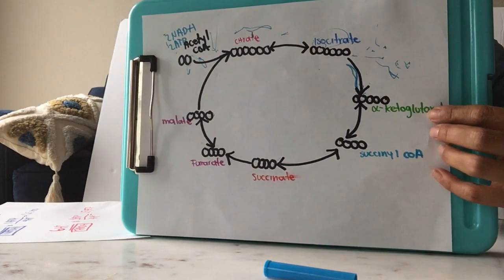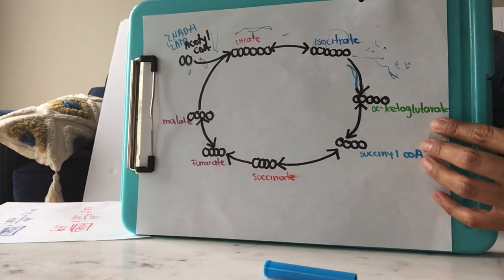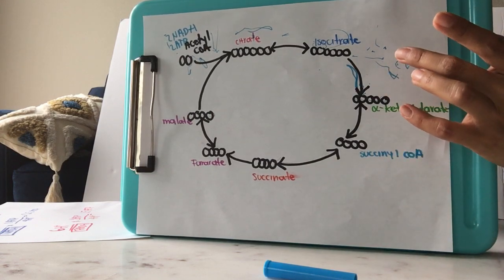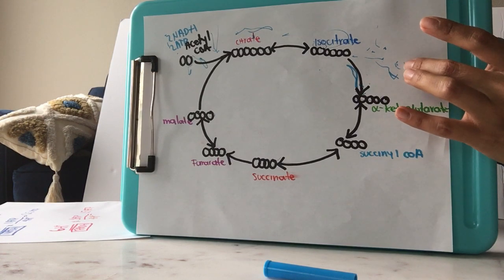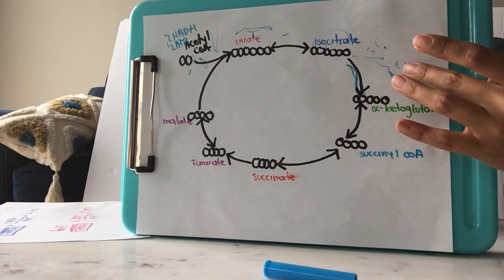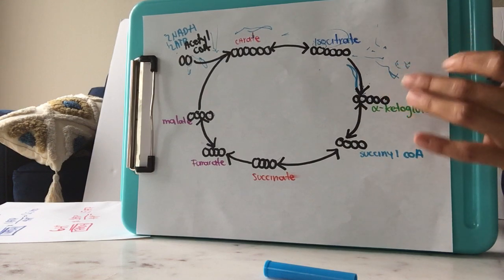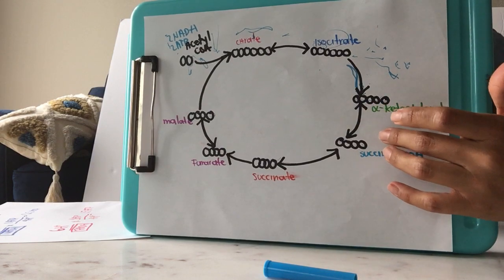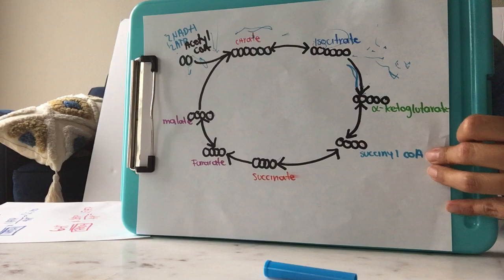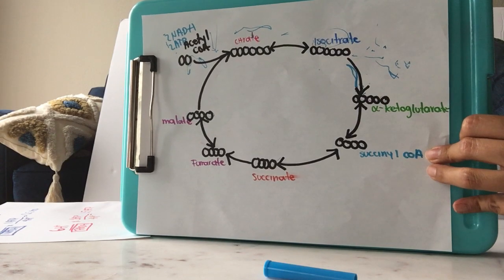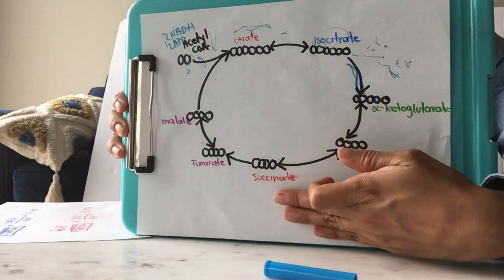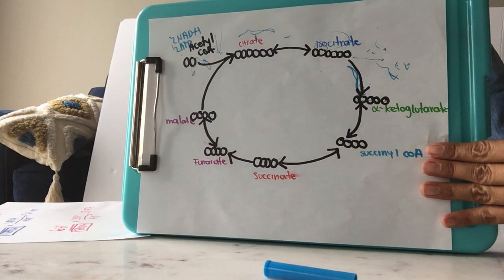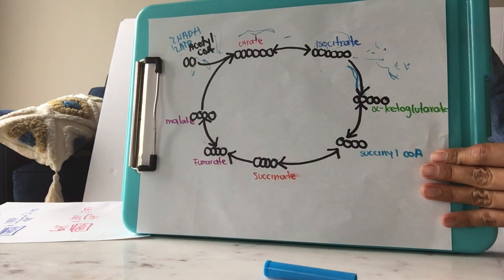Then the alpha ketoglutarate dehydrogenase uses the NAD to turn it into NADH, which helps convert succinyl-CoA. Succinyl-CoA here is then converted into our friend here, succinate. In this process, one CoA is lost.